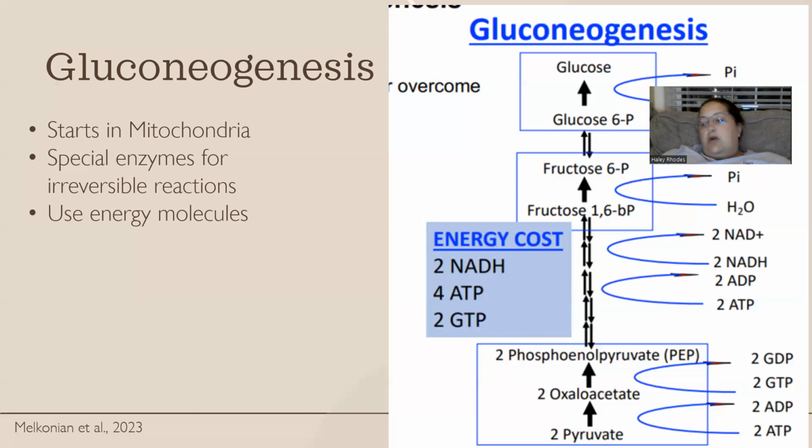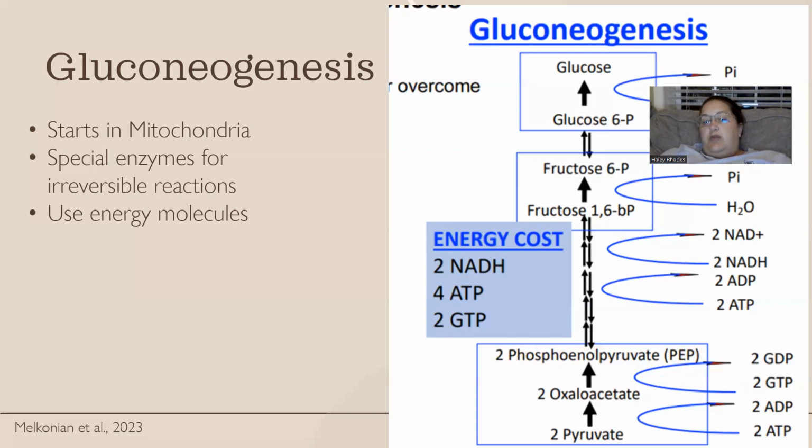And the reason for these 4 is that these 4 are located within reactions that have no reverse to them in glycolysis. Another important thing to note is that gluconeogenesis can only occur in certain types of cells because these particular enzymes are only located within those cells.